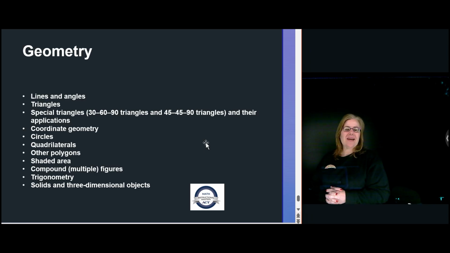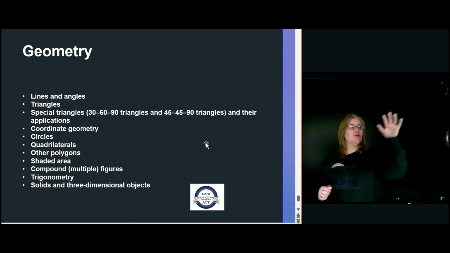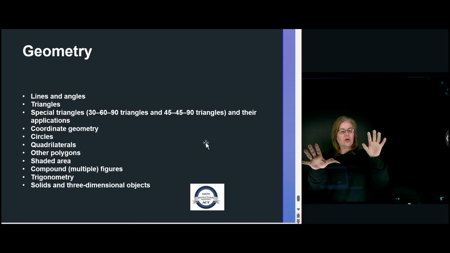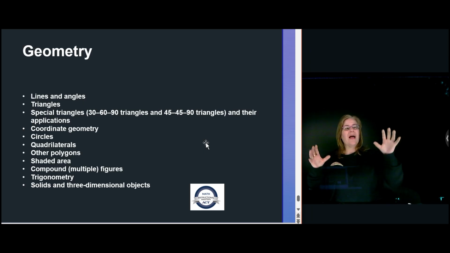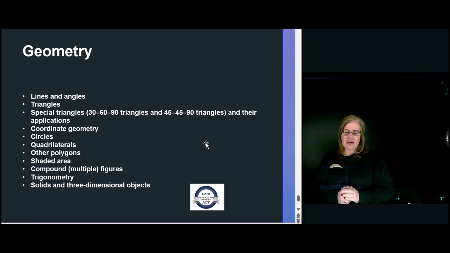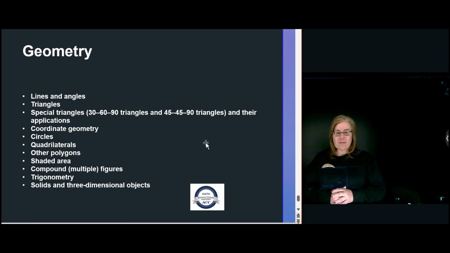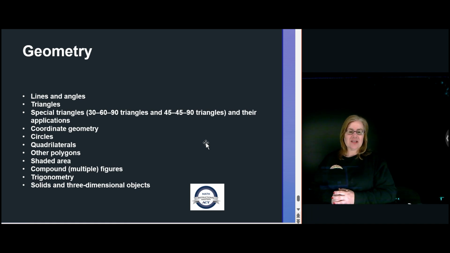Then you're looking at shaded areas, maybe the area of the shaded region, maybe the area that's not shaded. You've got your compound figures, like a triangle that's helping with a circle and a square, and it's all making this big figure. So you've got to remember how to look at those compound figures. Then you've got trigonometry: sine, cosine, and tangent, and then cotangent, secant, and cosecant. We have to remember all of those.